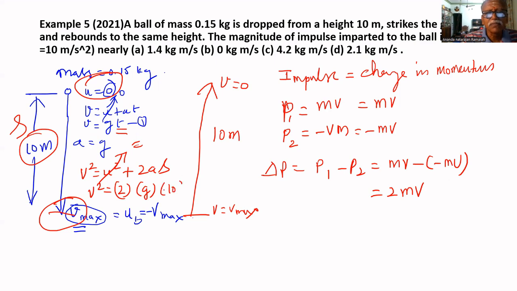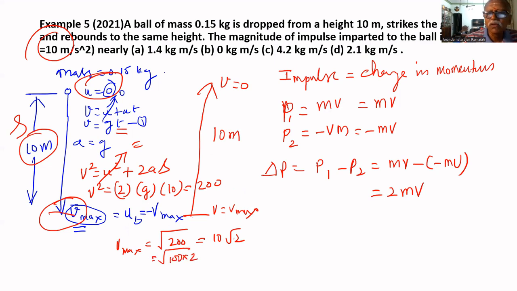S is 10. g is also given as 10 in the sum. Therefore v square equal to 200. Therefore v max equal to square root of 200. 200 can be written as 100 multiplied by 2, so it is 10 root 2.